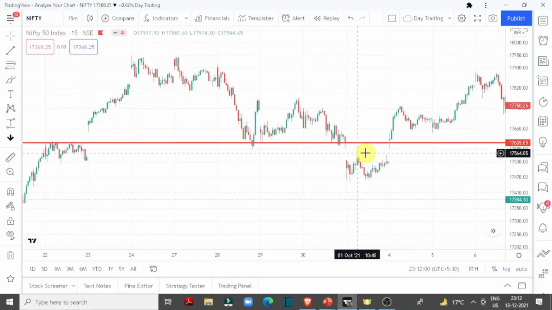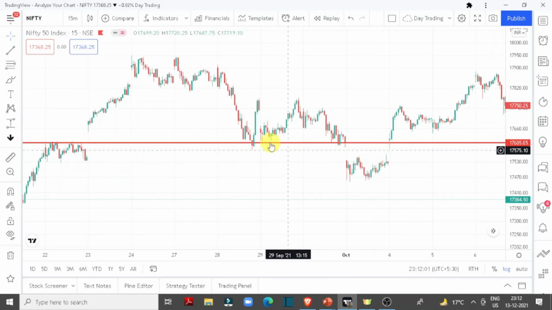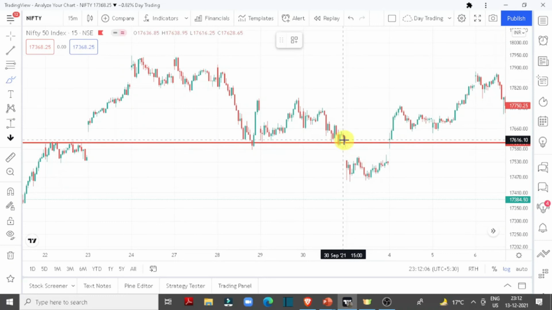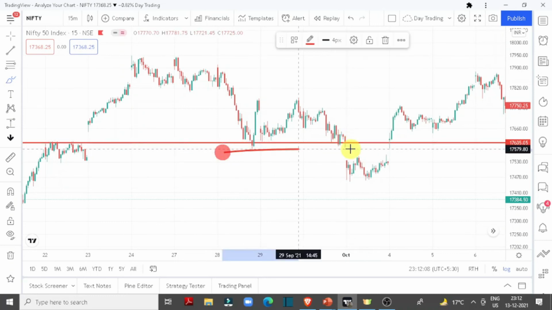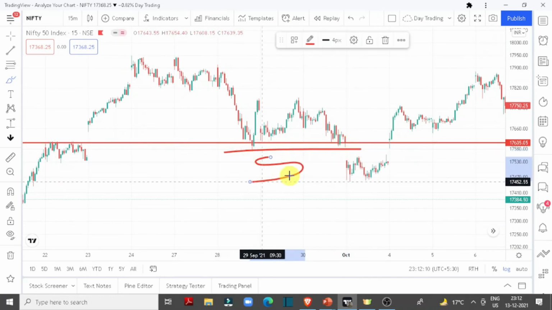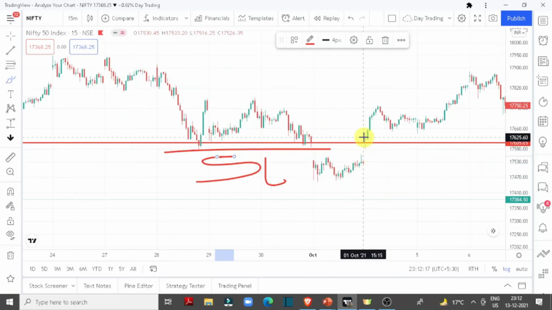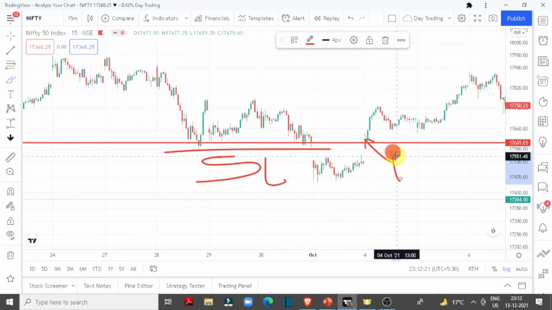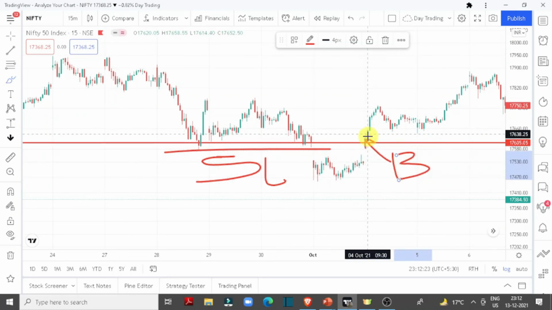Now let's go to TradingView and understand what was written. You can see that our initial stop loss got hit at this point. Our stop loss was over there, so we got hit. So as per the definition, we should have entered again at this point, right? You can see that at this point the market took support from this level again.